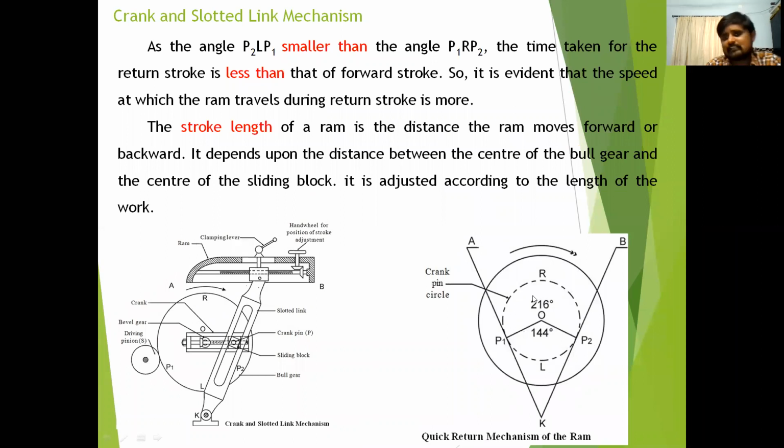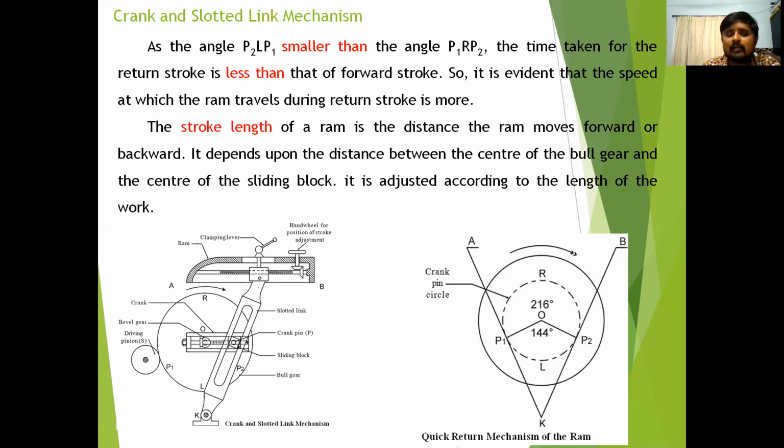If you observe these angles, the P1 or P2 angle is more than the P2L P1 angle. So during the forward stroke, the time is more than the return stroke time, and that fulfills our requirement. What is our requirement? The ram should cover the return stroke within a short time.